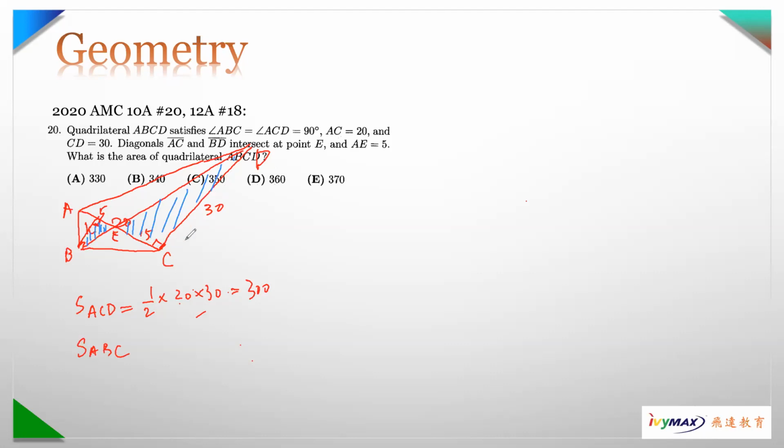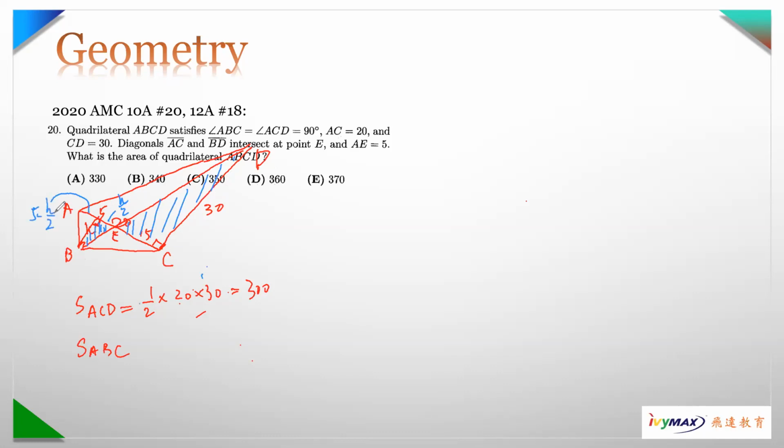It should have the same ratio as this smaller triangle. So if I define one leg as h, this part has to be half of h. And based on that, this little part should be 5 minus half of h.